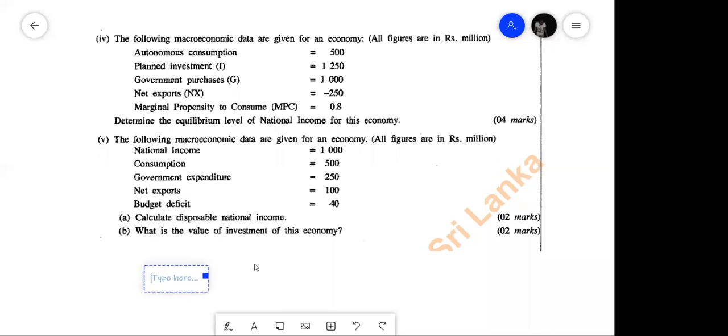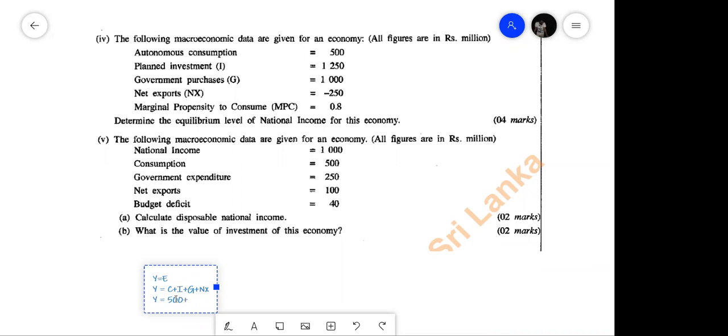So let's do it a bit faster. Y equals E. Okay. How much do we get? So Y is equal to C plus I plus G plus net exports. Okay. So Y is equal to how much is consumption? Now consumption, they have not given you the equation, but can you see they have given you autonomous consumption is 500. That is your A component of the consumption function.